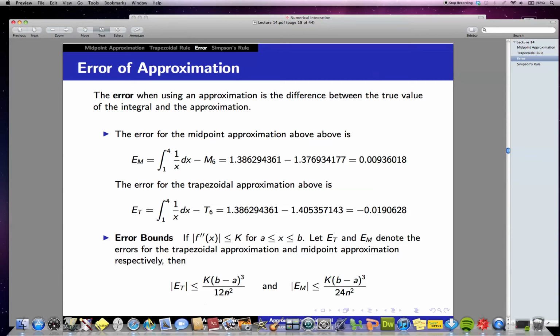And this gives you a method of choosing n large enough so that the error is less than or equal to 10 to the minus 6, or whatever you have in mind. So this is a tool you can use either to approximate and then know something about the error after you've approximated, or else choose your n wisely so that you can keep your error within the bounds that you desire.